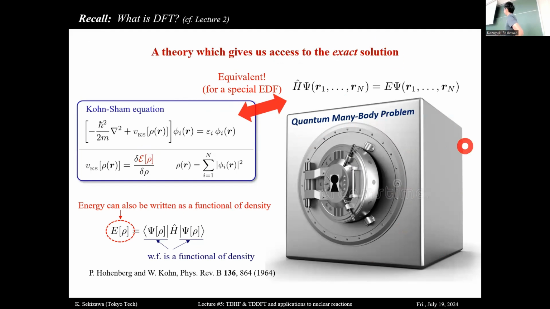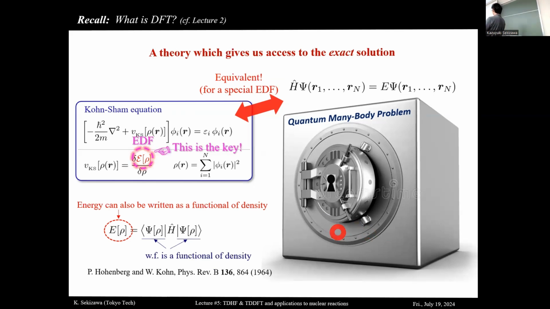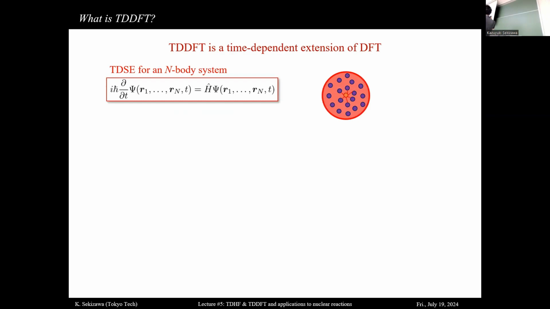So this was the static case. In TD-DFT, we have a different theorem. It is not the Hohenberg-Kohn theorem, and we use a somewhat different technique to show the existence of such a functional.